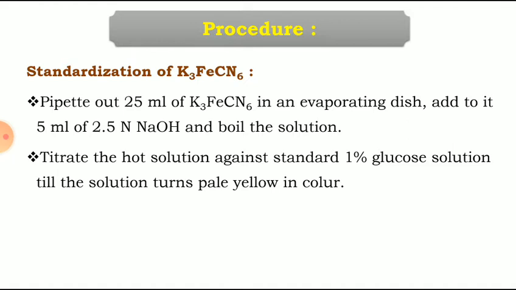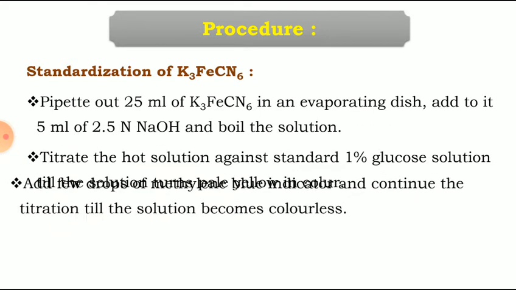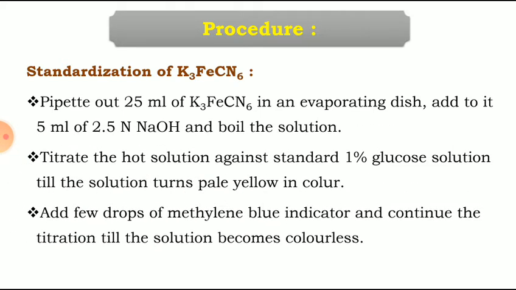After the pale yellow color, we have to add a few drops of methylene blue as an indicator to the above solution and continue the titration till the solution becomes colorless.